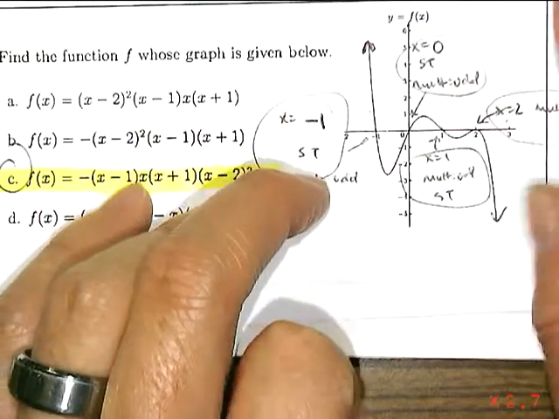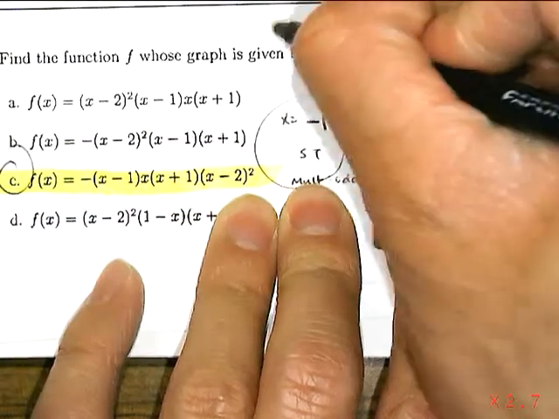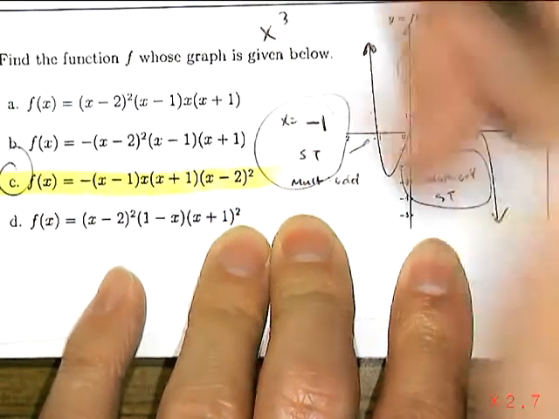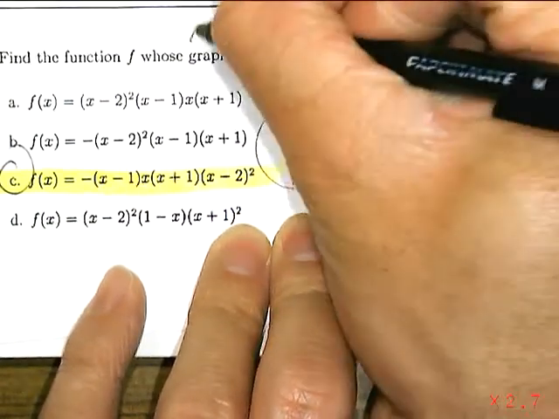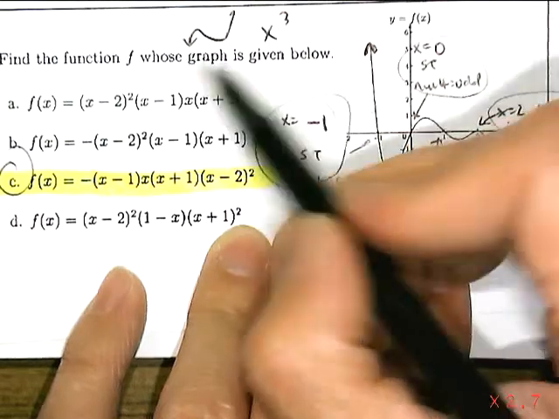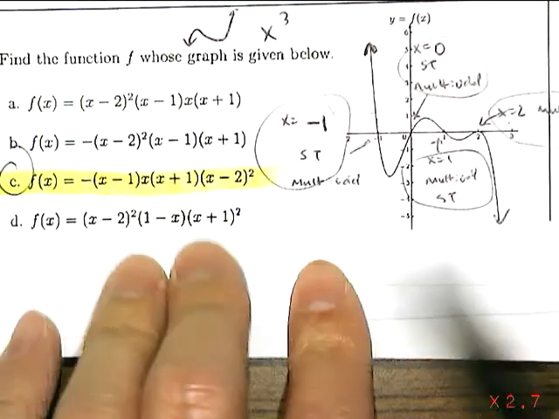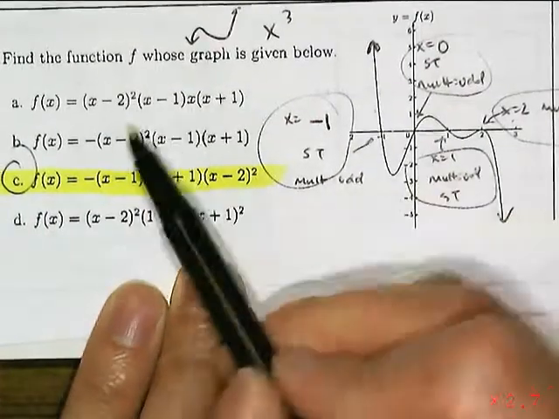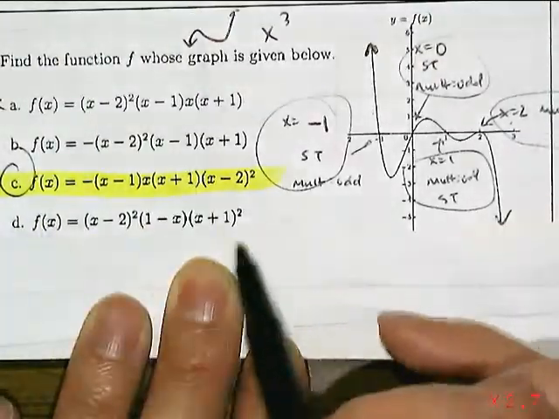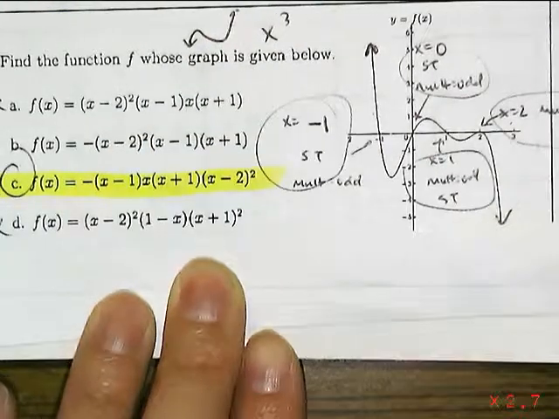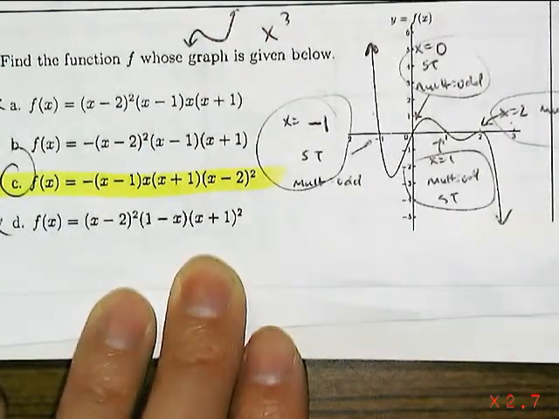If it was, for example, x to the third, x to the third looks like this. Starts down, ends up. But because it's switched, I know that there must be a negative sign in here. So I'm going to look for a negative. A does not have a negative, and D doesn't have a negative. So it's only now between B and C.